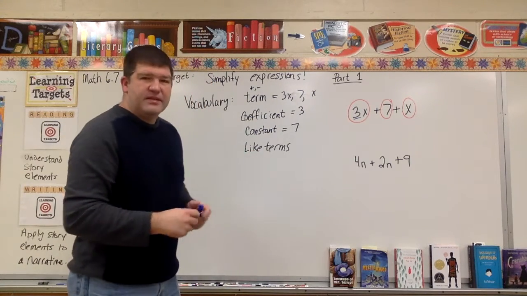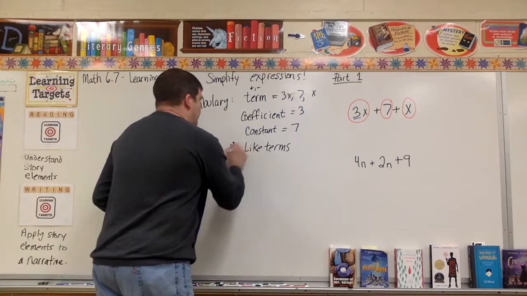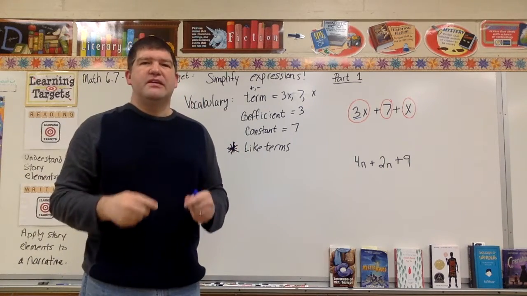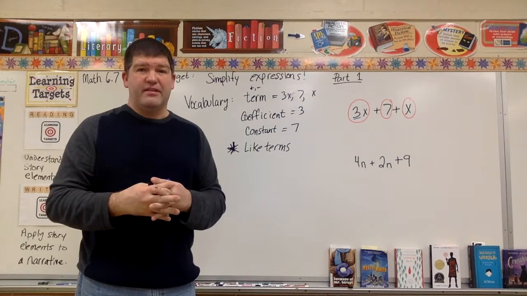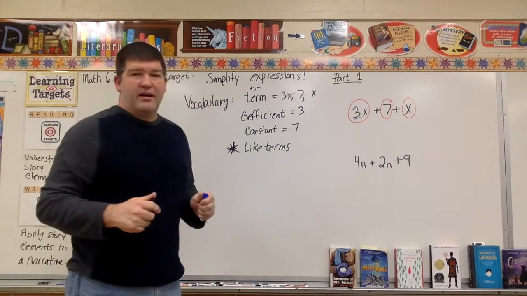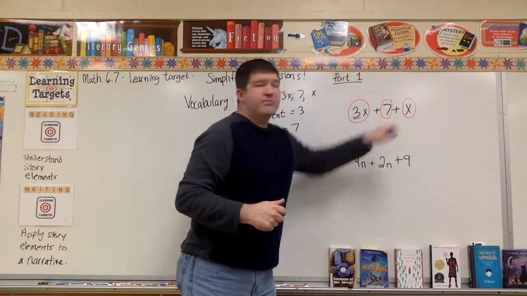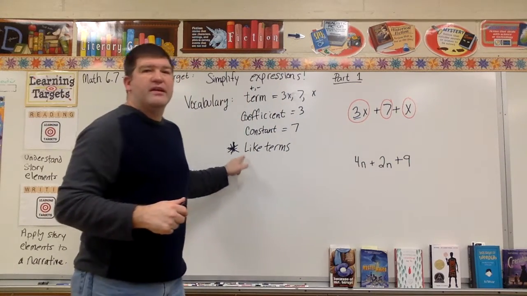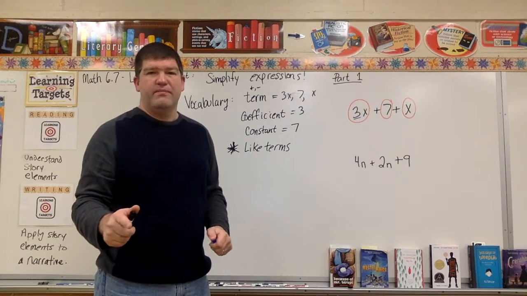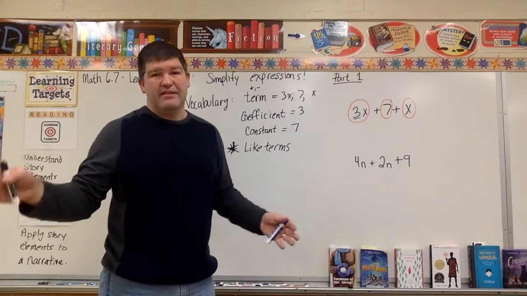Okay. Like terms here. This is what I really want you to know, like terms. Because when you have like terms, you can put them together. Okay? You need to know what terms are. So we talked about the 3 terms here. Now the ones that are like are the terms that have the same variable or constant.